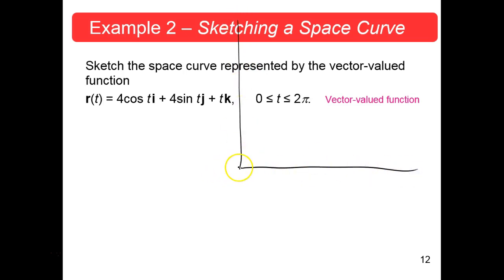This one, individual points are not bad, but boy, getting the connections made. This is your x, your y, and your z. Sketch the space curve represented by that function.